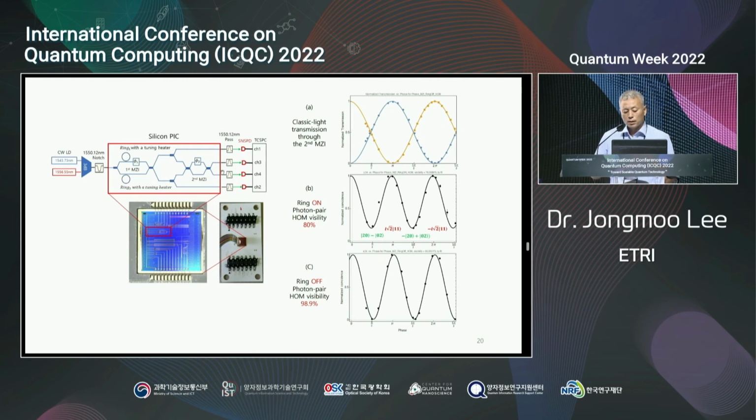Most of the optical loss is outside of the chip, in the bandpass filter and the fiber connection. Most of the optical losses are here. But for the quantum interference within the chip, because the optical losses are negligible, we can get a very nice Hong-Ou-Mandel visibility.